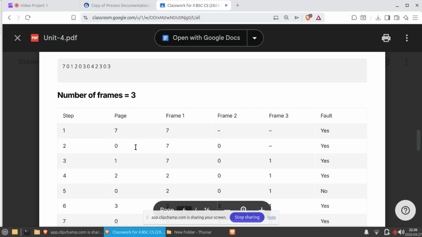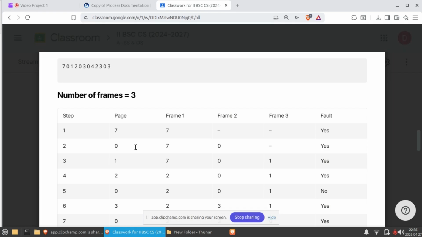Then we take the next page, two. It's the first in first out concept, the replacement strategy. See, this two comes to frame one. Frame one already holds page seven, so the seven page is removed, since it is at the front.